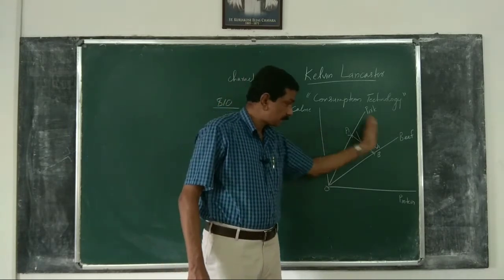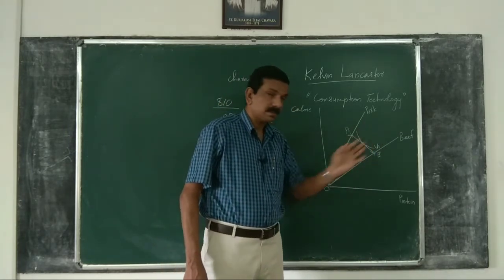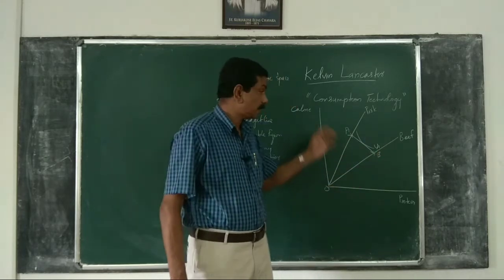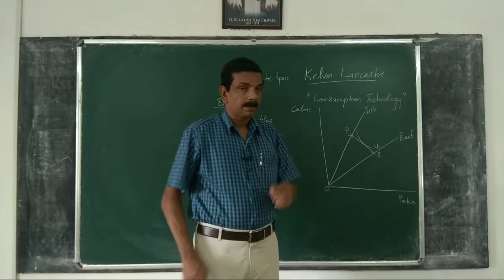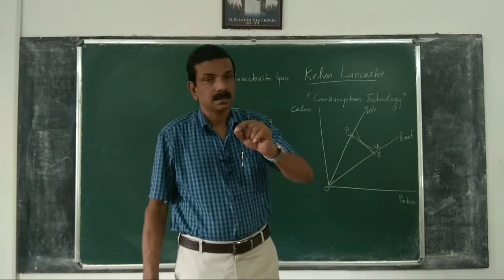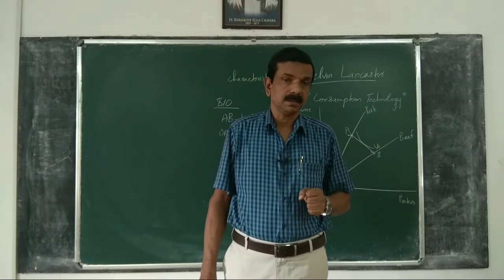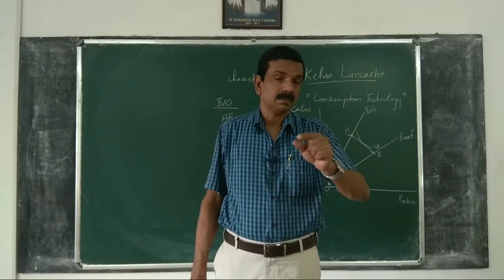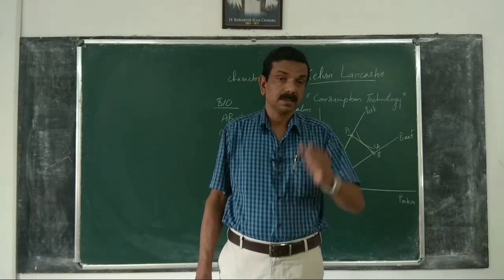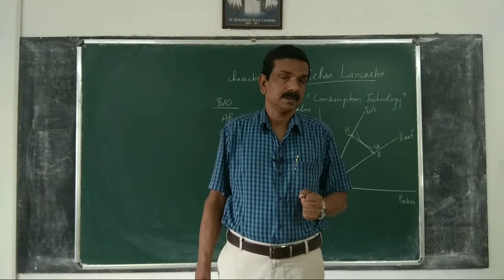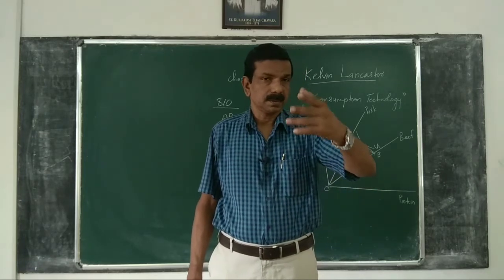Points on an indifference curve represent a given level of utility from commodities X and Y. That is, the commodity space is transferred into utility space. That is a point which we will discuss later.